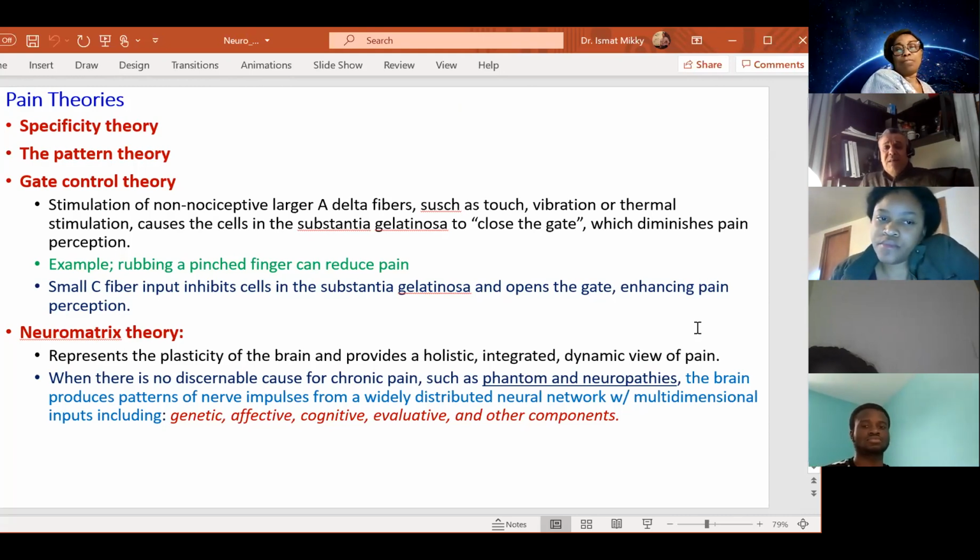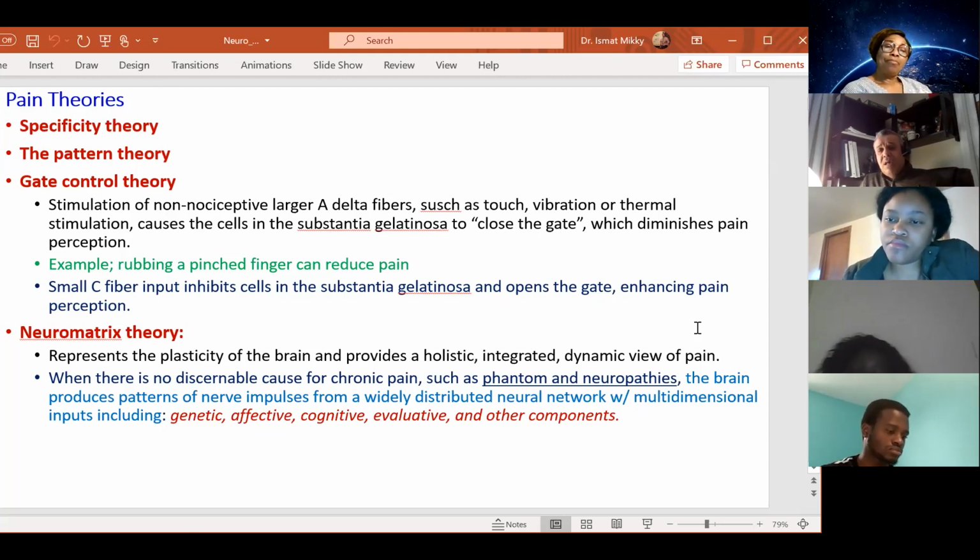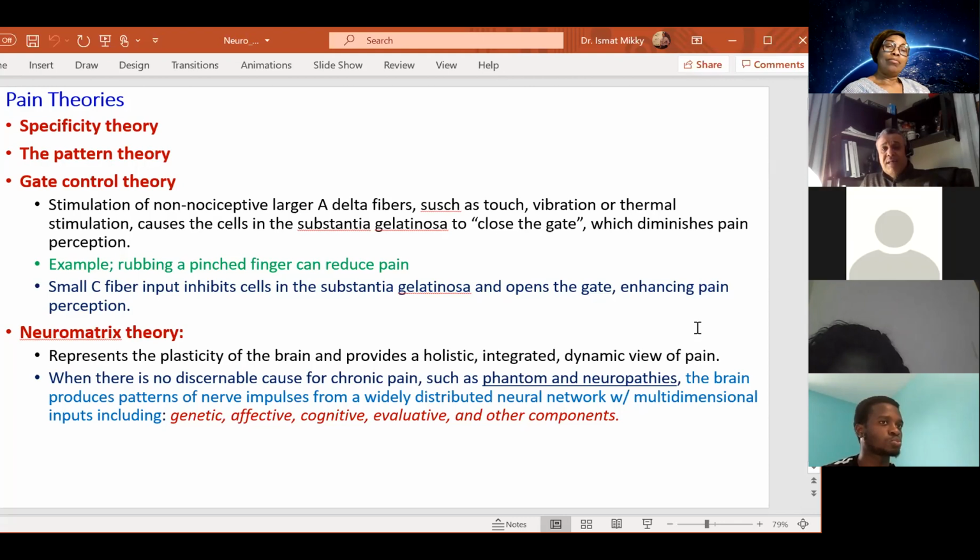This theory is useful for pain associated with specific injury and acute pain. But it doesn't give us a full explanation of chronic pain or the cognitive and emotional elements that contribute to more complex types of pain.